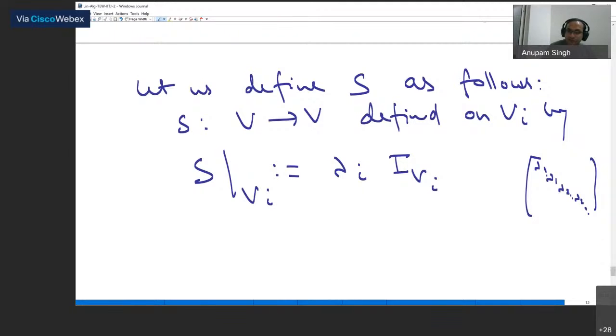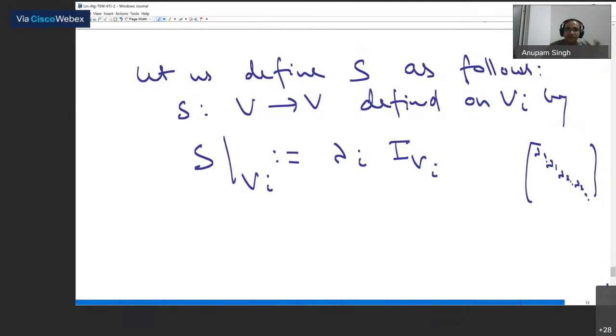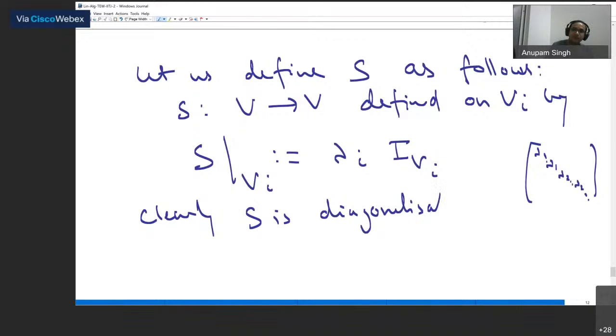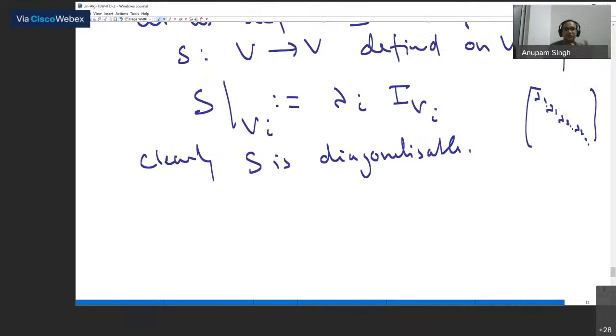It already looks diagonal, so it is very easy to see that S is clearly diagonalizable. In fact, on each of V1, V2, it is only a fixed scalar. So we have got it in a very nice way.